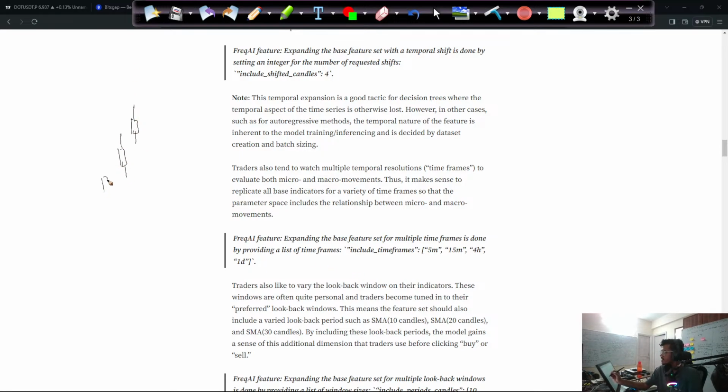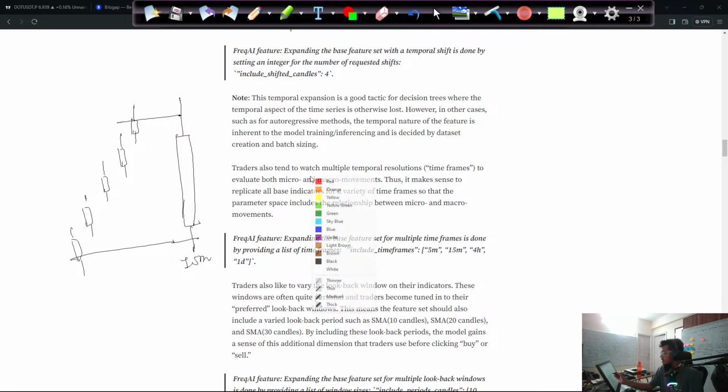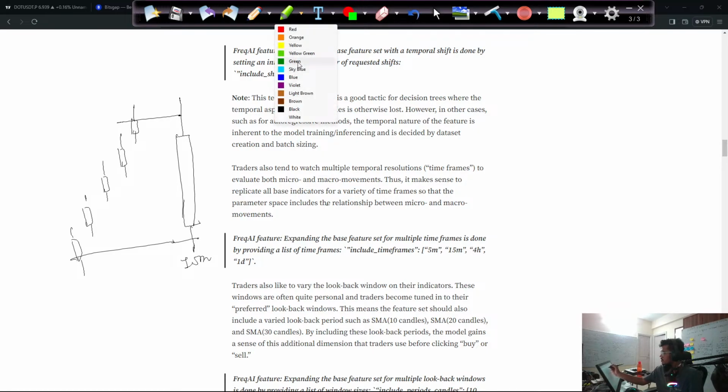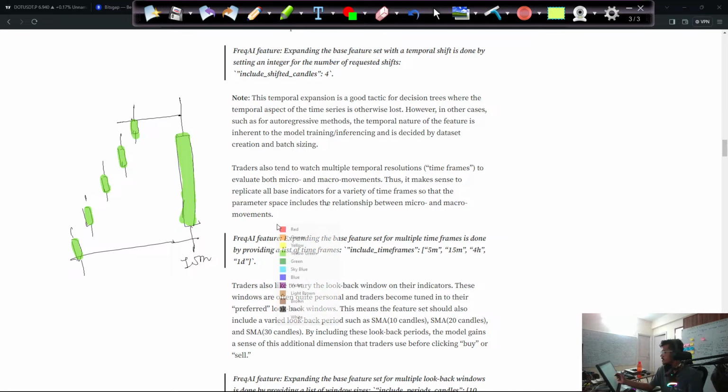What they're saying now is, suppose this is a 3 minute candle. If you take the 15 minute candle, this will be your close, this would be your open, and then you have a 15 minute candle like this, a big candle, instead of these small candles of 3 minutes.